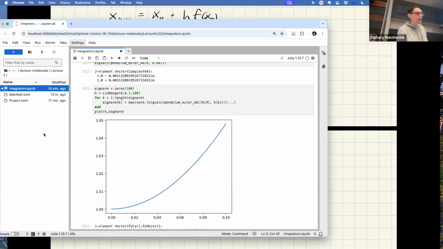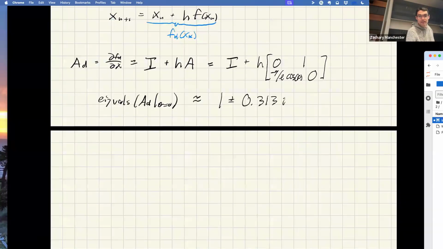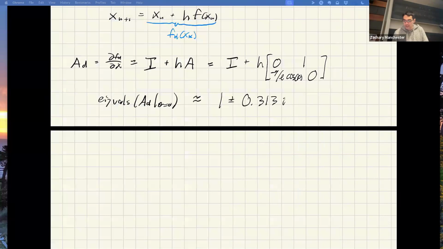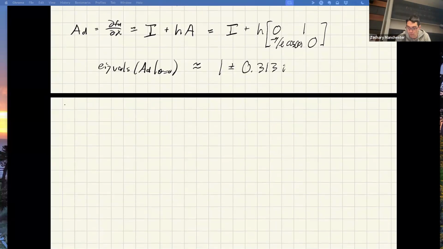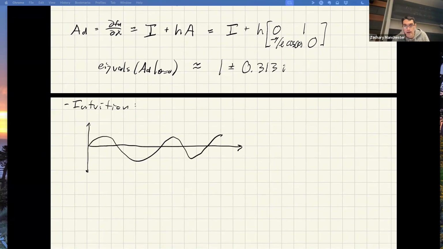Okay, sweet. So let's go write that down. There's this intuitive picture that we talked about briefly, which is, we know the exact solution in this case is some kind of oscillatory thing, like a sinusoid, right? It's going to do this kind of thing. This is t, say this is theta. And what we're doing with Euler is taking x dot, this little tangent vector, right?